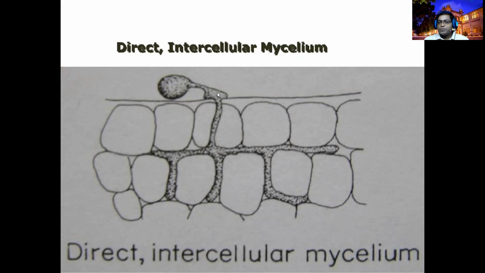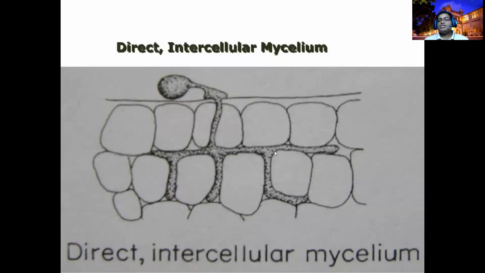The appressorium produces a large amount of enzymes. These enzymes may be pectinases, cellulases, or hemicellulases. These can degrade this area. Then, with the pushing of this appressorium with the penetration peg, immediately the mycelium goes in.